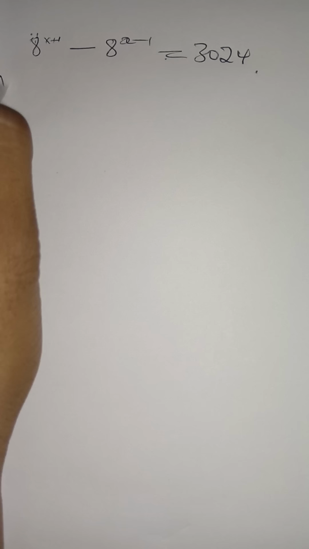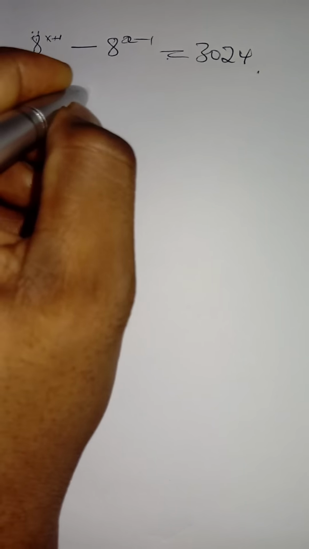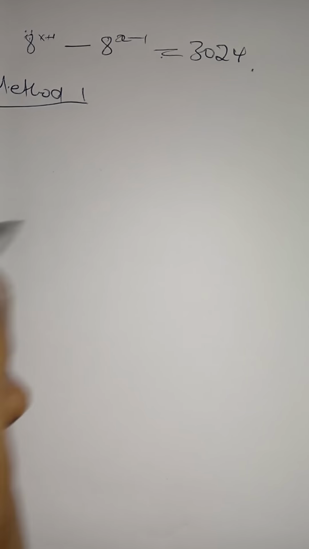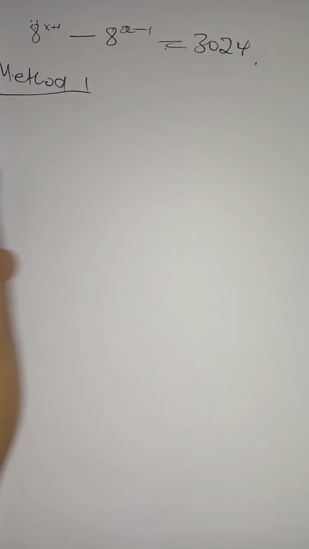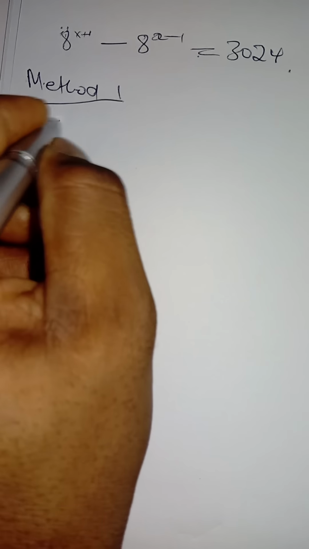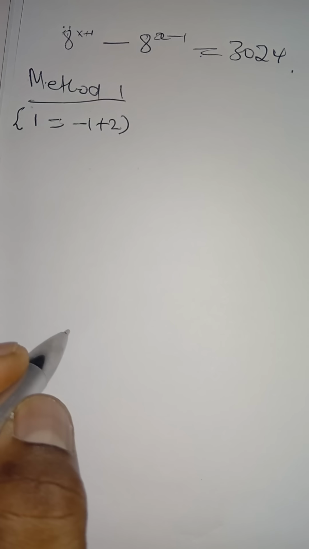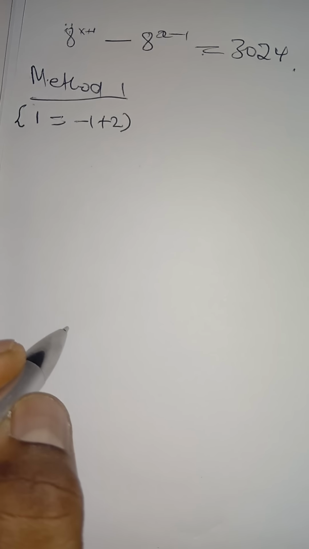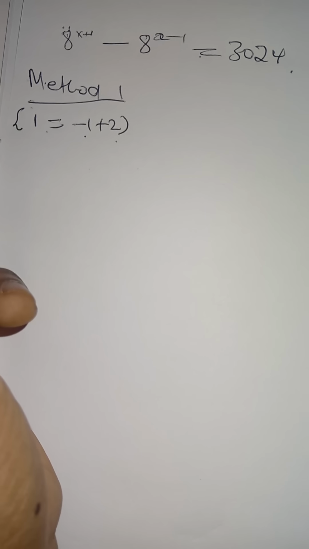Method 1 on how to solve this. All right. Okay, 8^(x+1) is equal to 8^x times 8^1, and 8^(x-1) is equal to 8^x times 8^(-1).